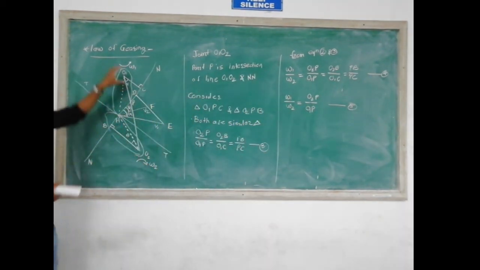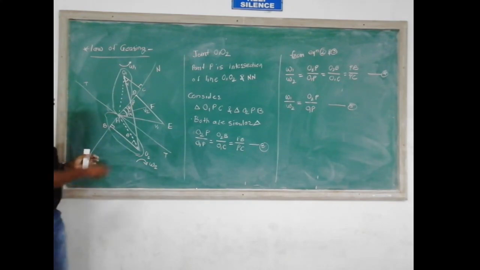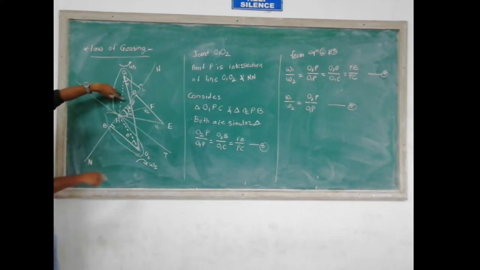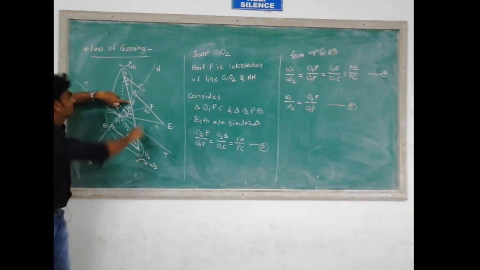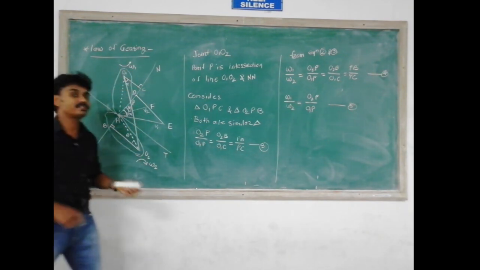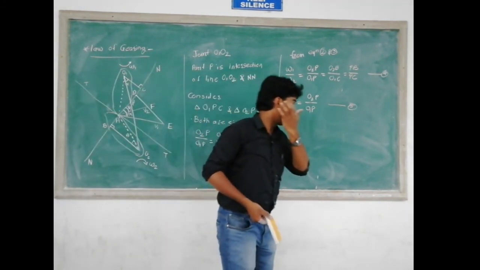Means what? The ratio of angular velocities is inversely proportional to the distances of point P from center O2 and center O1, and this is called the law of gearing.